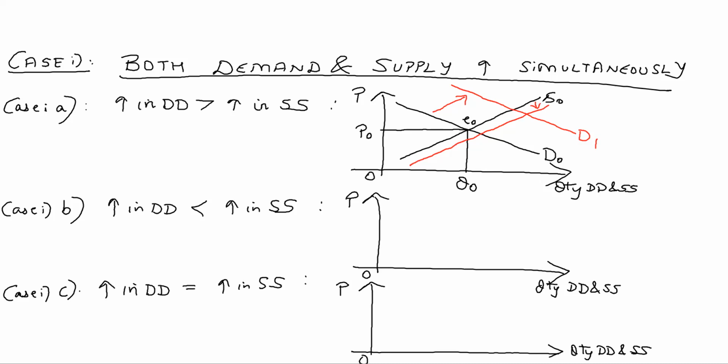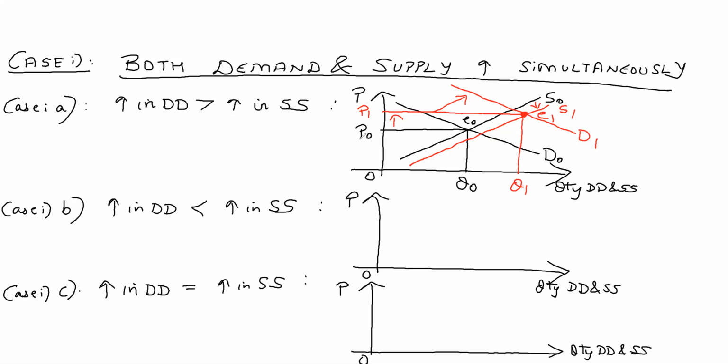They will start bidding up the price till we reach the new equilibrium price, which is P1, and the new equilibrium quantity, which is Q1. You can see this is point E1 where the new demand and supply curves are cutting each other. So I hope students have understood this.